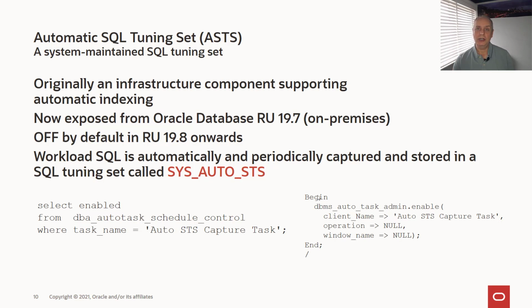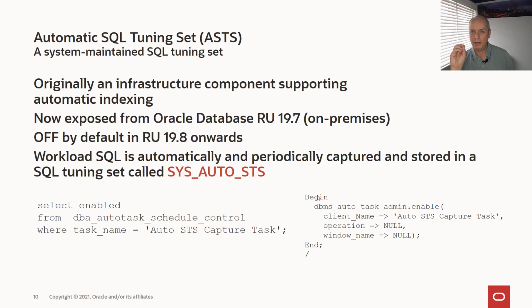It was originally conceived to support automatic indexing, because the automatic indexing feature needs to collect application SQL and test execute it against new candidate indexes to figure out whether the performance is improved or not. So this is a new component. It is available in Enterprise Edition, so you can use this on-premises as well. In Autonomous, it just happens in the background, so it's always sitting there operating.